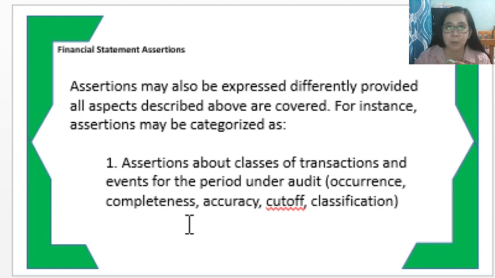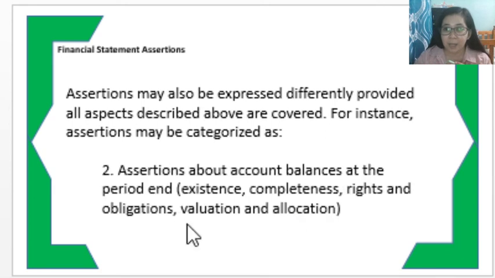So assertions may also be expressed differently, provided that all aspects described in the previous slides are covered. So, for instance, the assertions can also be categorized as follows. First, assertions about classes of transactions and events for period under audit. So, it can include occurrence, completeness, accuracy, cutoff, and classification.